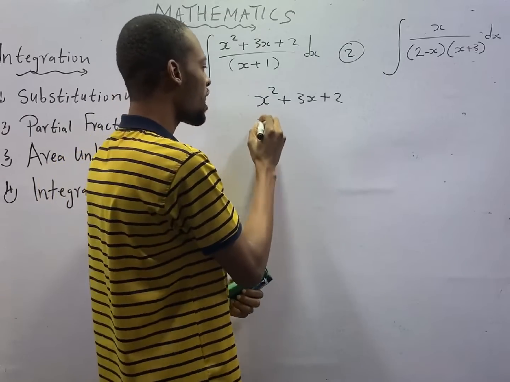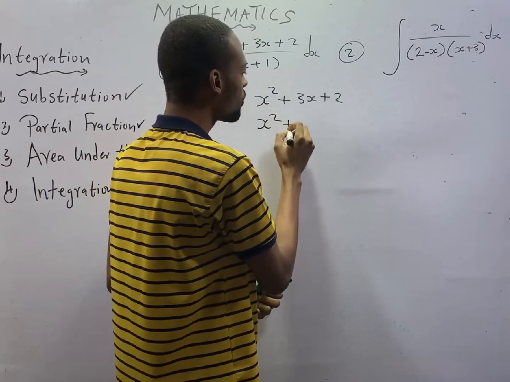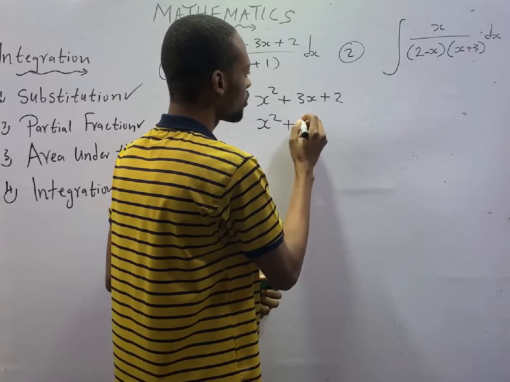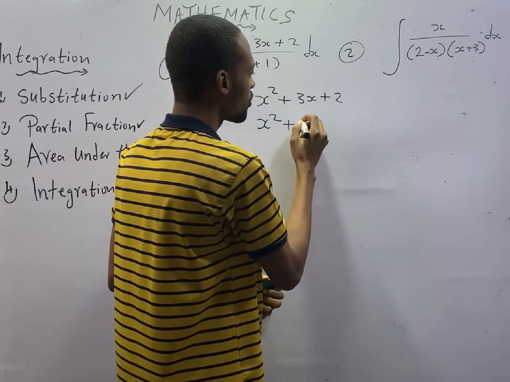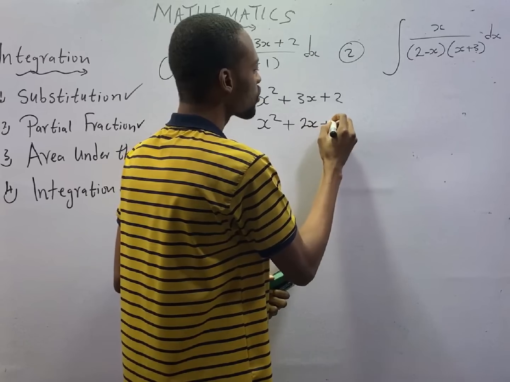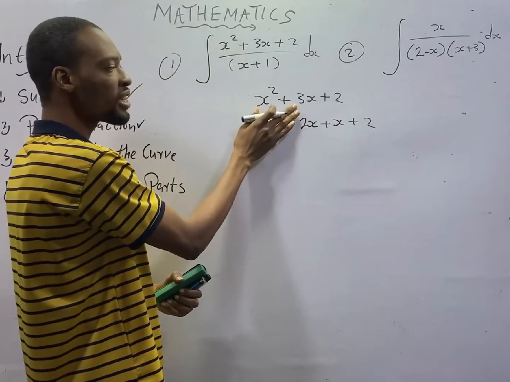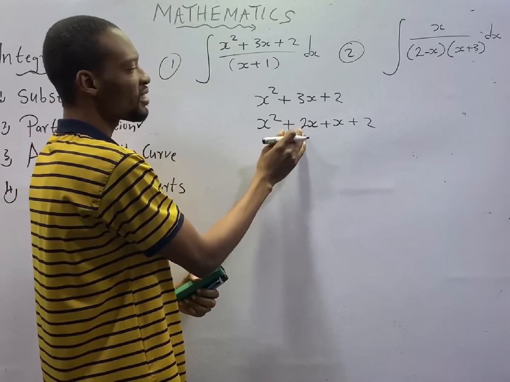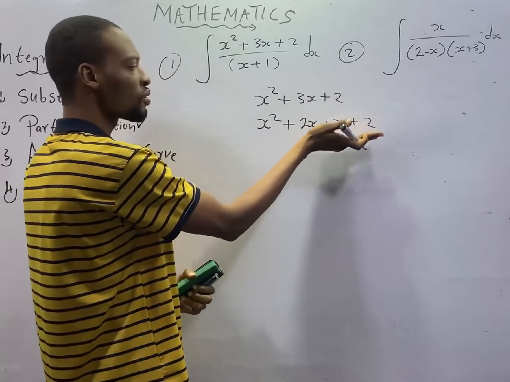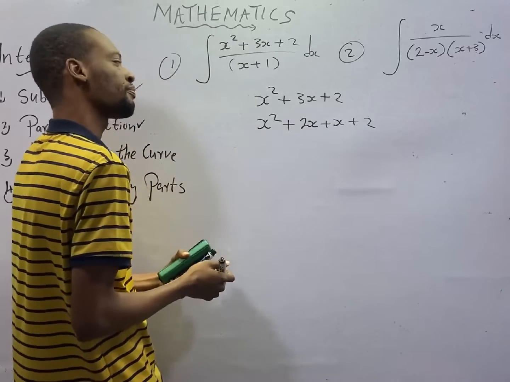Meaning, if you have s squared plus 2s plus 1s plus 2, 2s plus 1s is 3s, and 2s times 1s is 2. So this is very good.